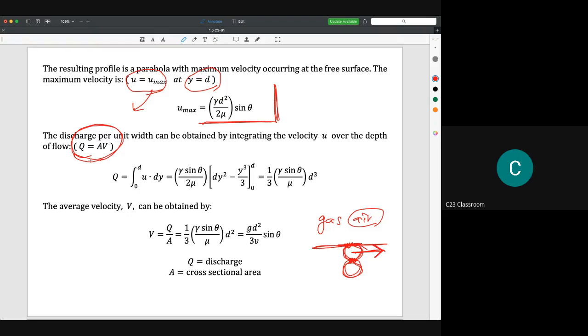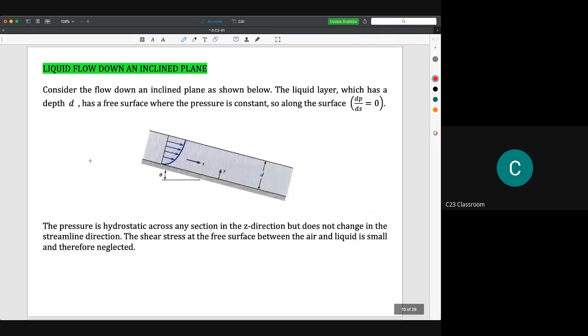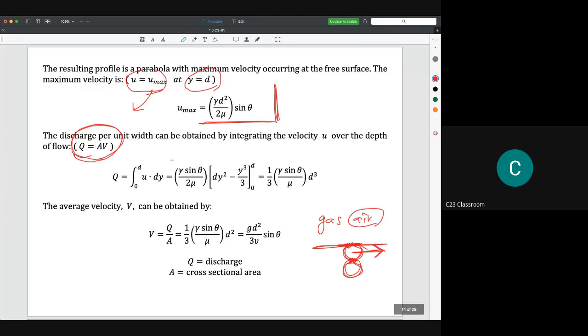However, because our velocity distribution is not constant, if we could see here, the velocity is changing. That's why we need to solve for the flow rate using this idea. U here reflects the value of V, and the A here is the dy.